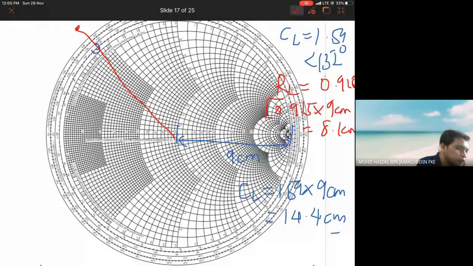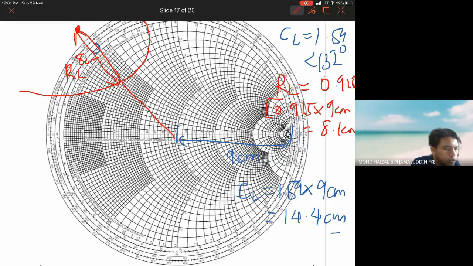You measure it from here to here, the center of the stability circle. And the radius of the stability circle is 8 centimeter. You take the ruler and then the compass and mark it.